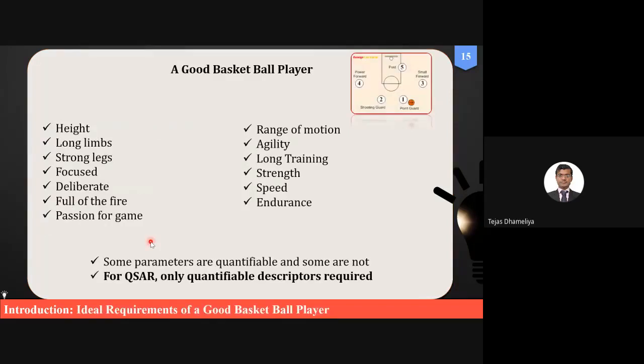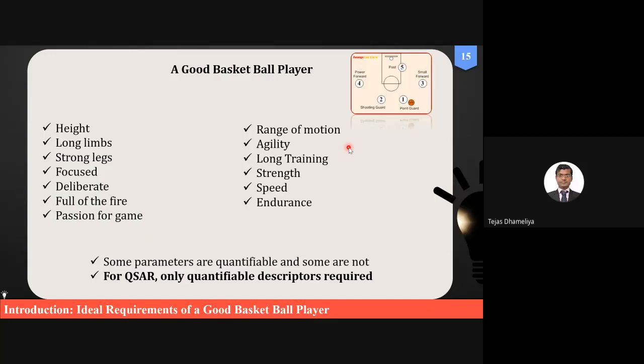So we have seen these two examples, and we could understand this by giving a suitable example of a basketball team. If we want to constitute a good basketball team, these are some of the parameters which have been listed here, and these are the parameters which should be present in the candidate to a greater or lesser extent.